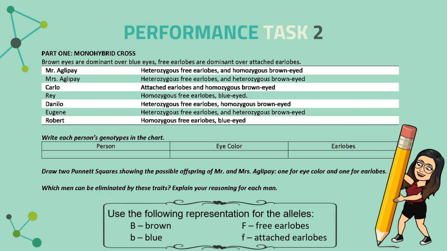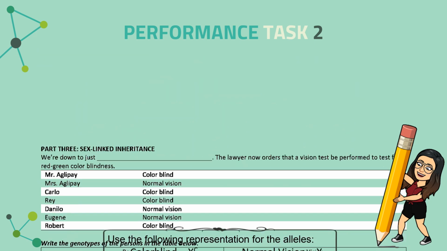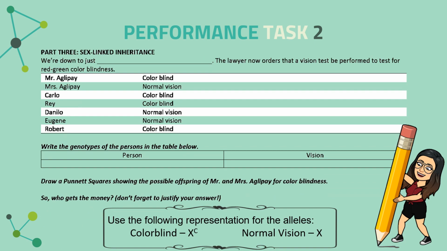The alleles that you will be using in this activity have already been provided for you. You will do the same for part 2 and part 3. For the final question in part 3, you will state who the true heir is and justify your answer.